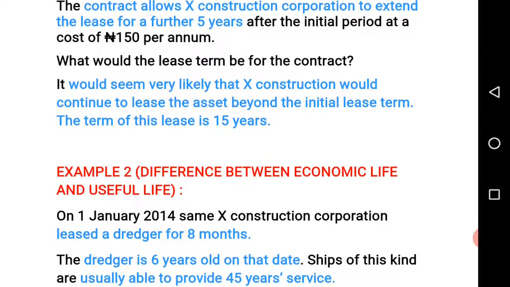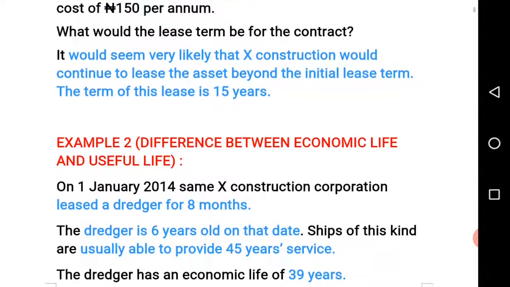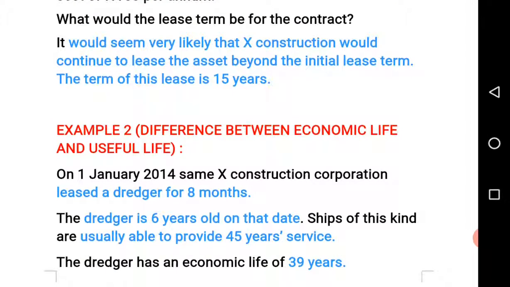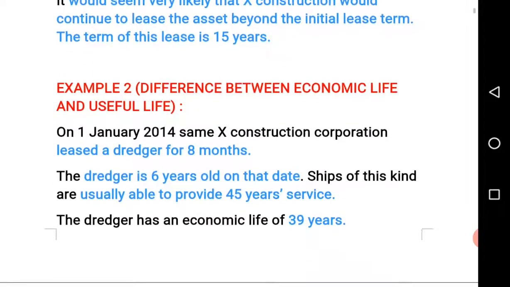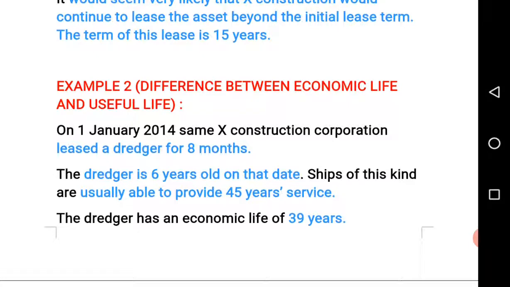So we move over to our second example. We'll be having about 20 something examples, but we'll be going quickly and understandably, to get the difference between economic life and useful life. The example goes: on 1st January 2014, the same X Construction Corporation leased a dredger for 8 months.